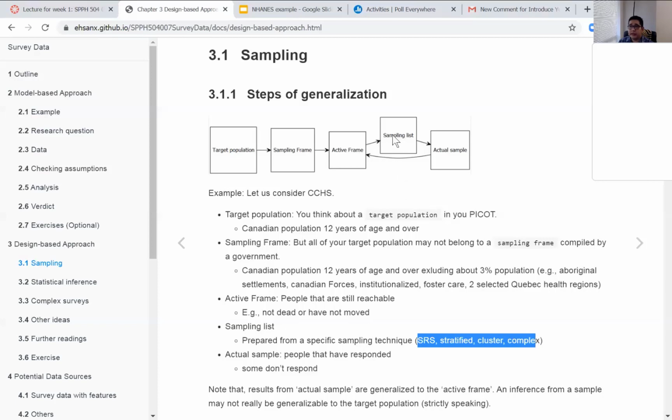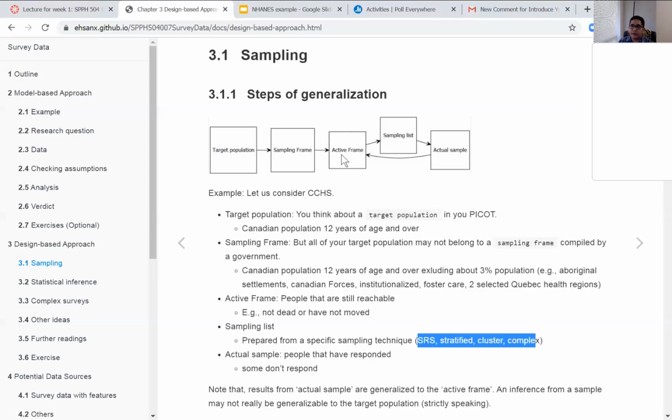And then even if you send them a question, that does not mean that they will answer those questions. There might be some non-response, and you will get a subset of that population who will answer your question and who will become your actual sample, right? So thinking about your original target population, you lose some people in your sampling frame because, say, they were in jail and their data could not be collected.